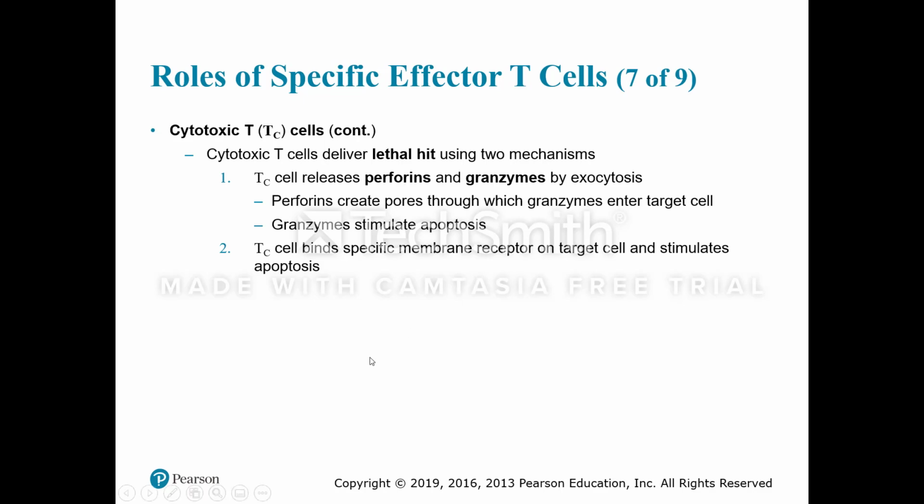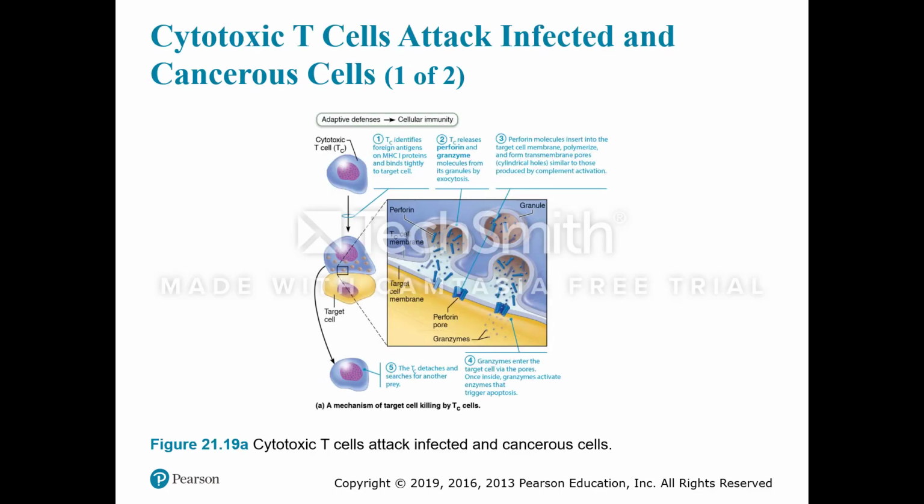It is just like a soldier opening a window, which is already a hole, and then putting a grenade inside the building to make it explode because there are enemies. So the T cells poke a hole in the cell surface, and then release perforins and granzymes that stimulate the apoptosis of the cell involved.